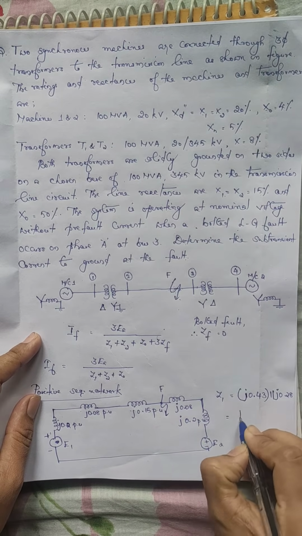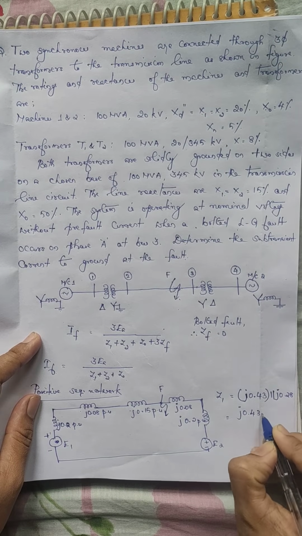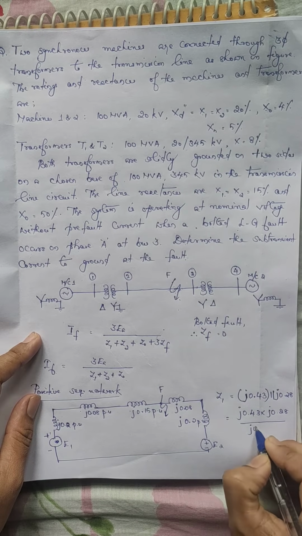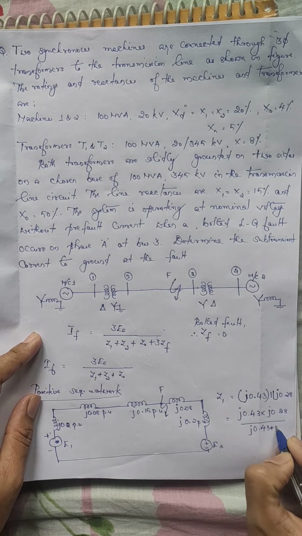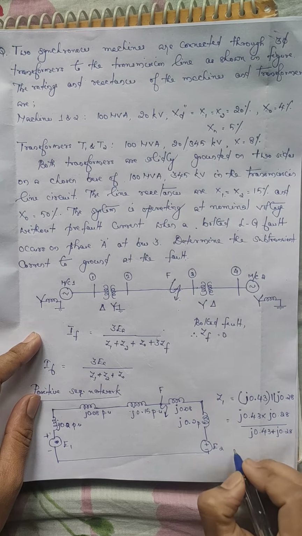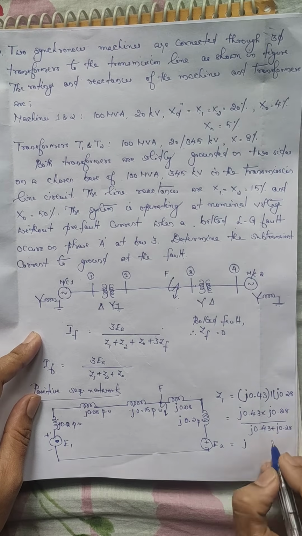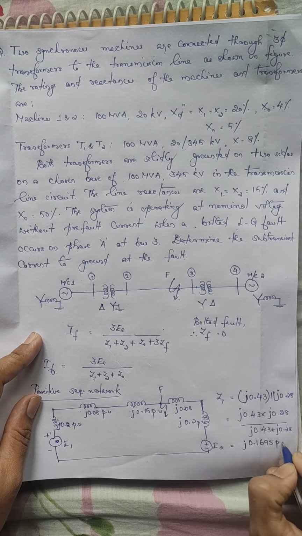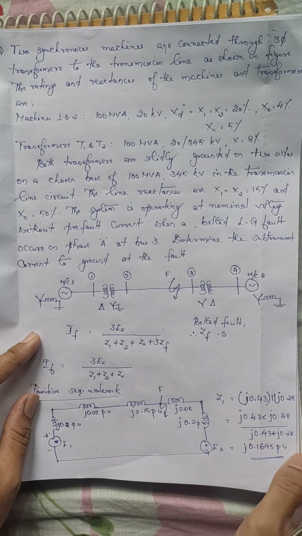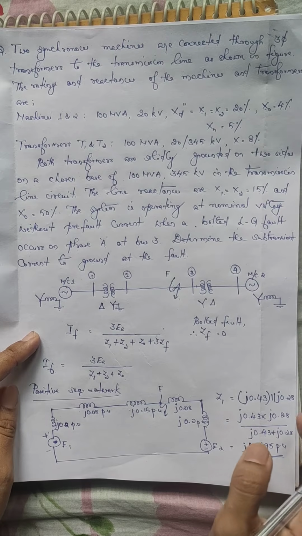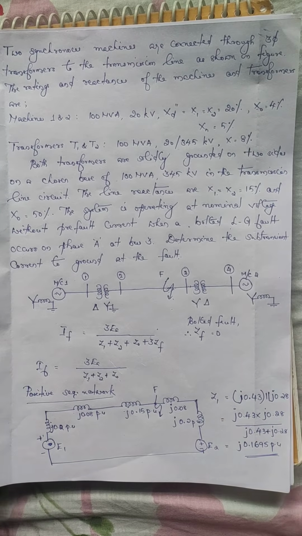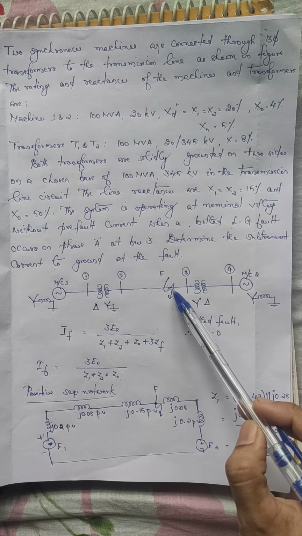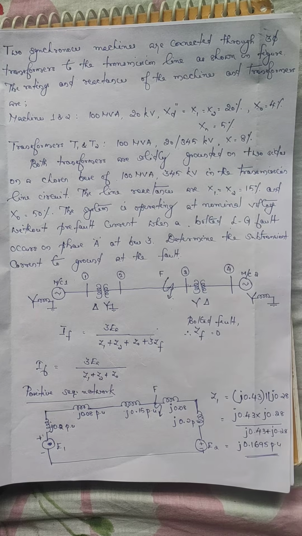So this will be equal to J 0.43 into J 0.28 divided by J 0.43 plus J 0.28, and the answer will be J 0.1695 per unit. So this is the total positive sequence reactance of this particular power system network when a single line to ground fault occurs on bus number 3.